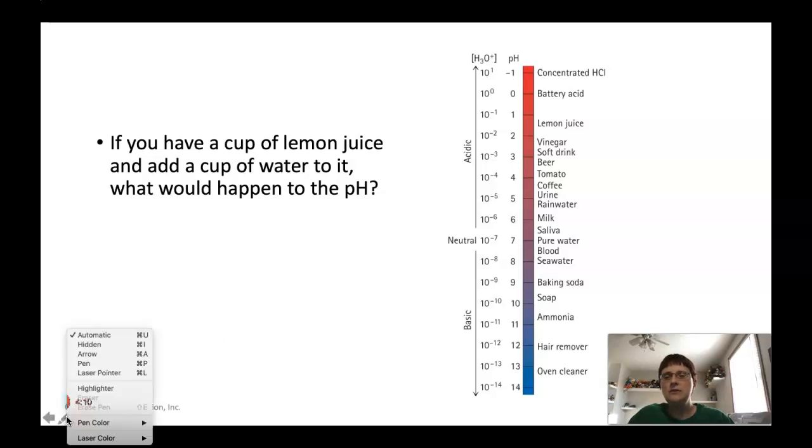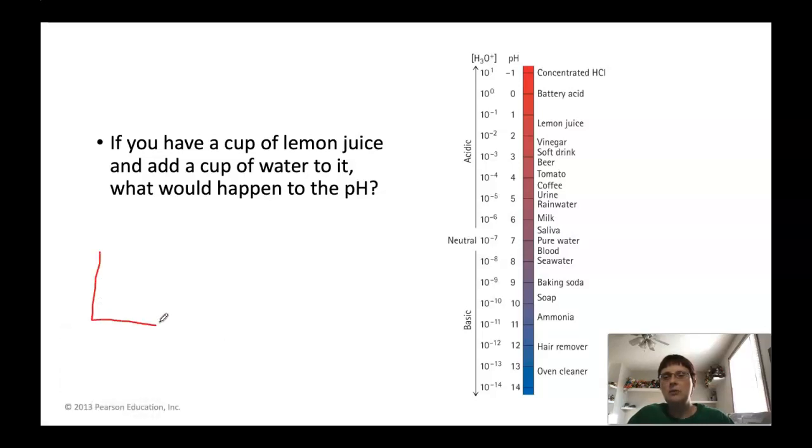If we do just a little drawing here, we have our cup of lemon juice, and inside that cup, when it's just lemon juice, think about it like this. Here are the hydrogen ions, right? That's making the lemon juice sour, and it's low on the pH scale, so that means there's a lot of them.